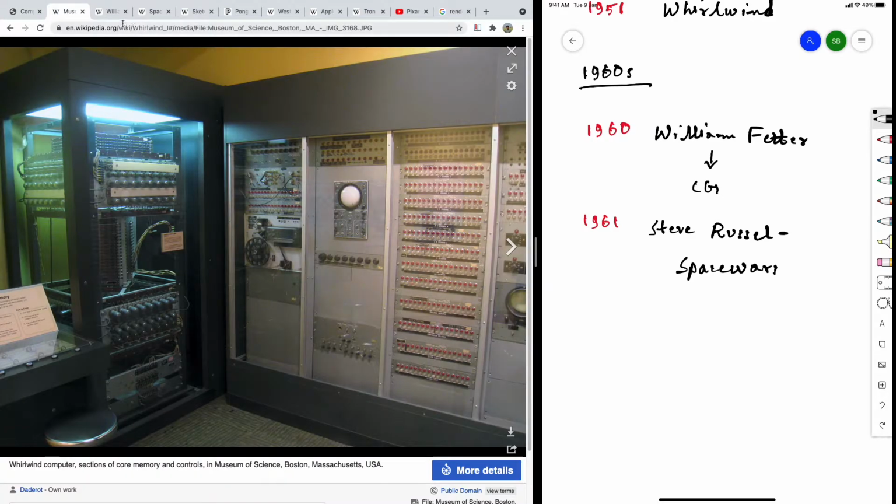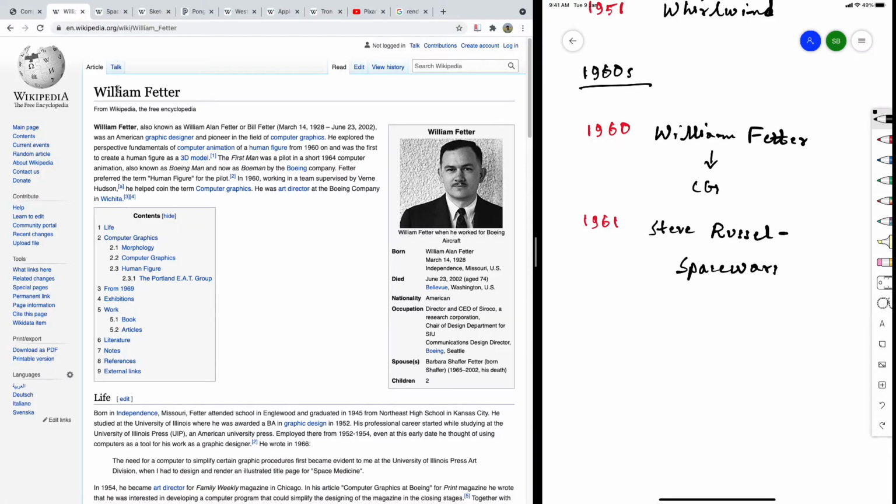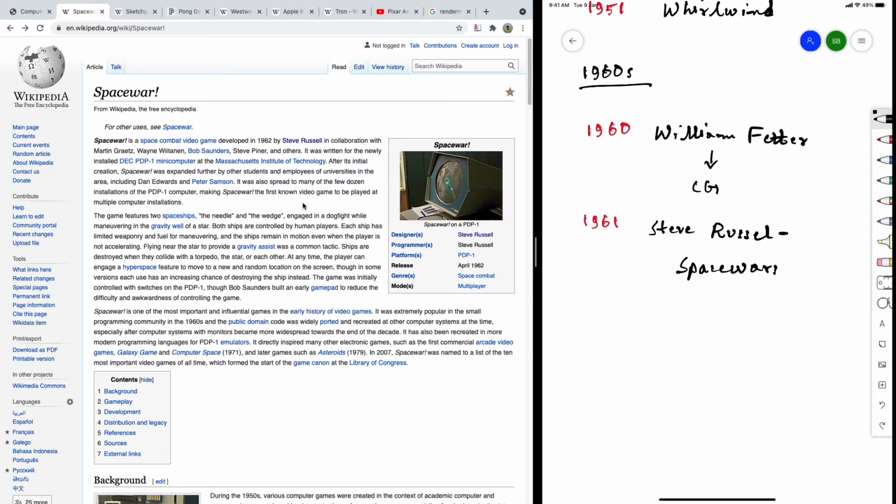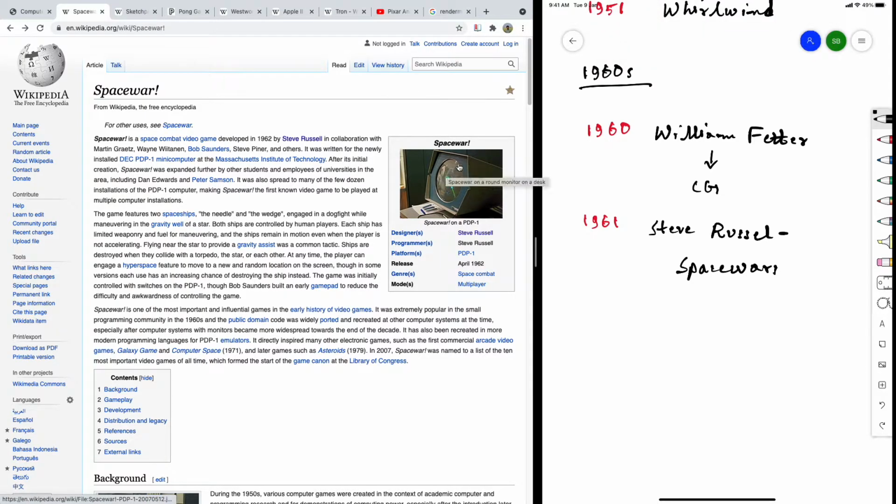Okay, so let me first show you William Fetter. He was the first one to use the term computer graphics. And this was the first computer game developed at MIT by Steve Russell. Here you can see the game is being played on a PDP-1 computer.